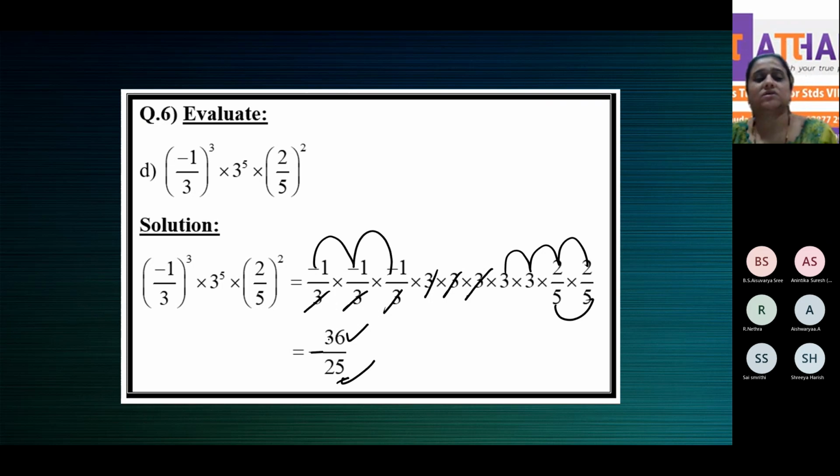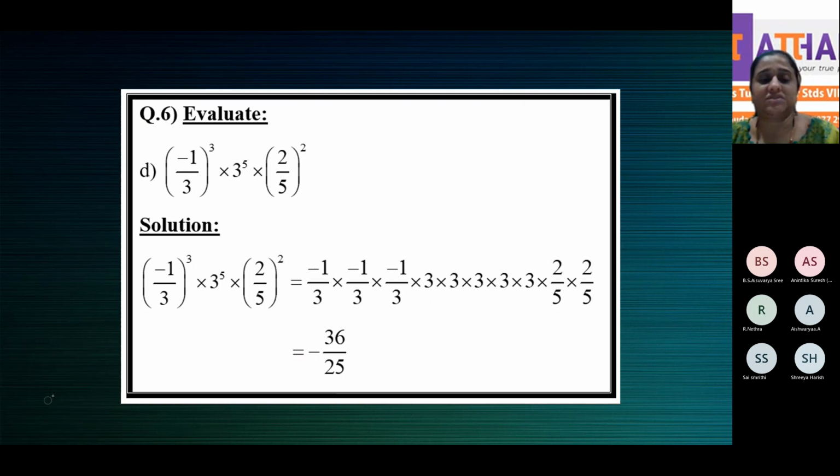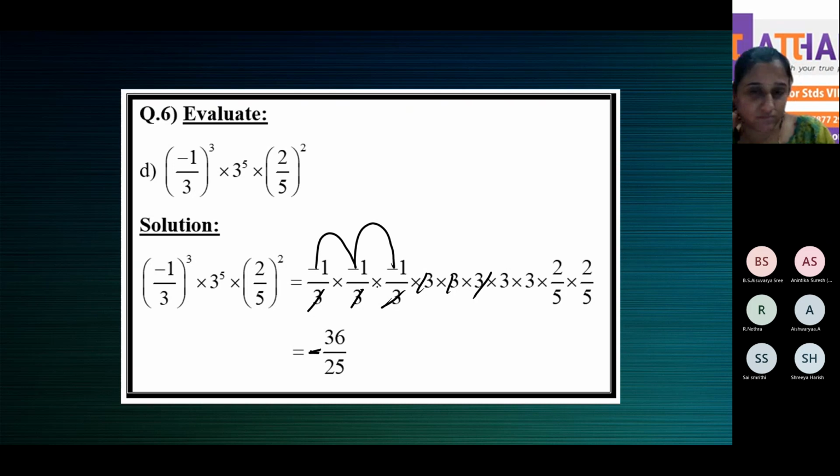So minus 36 by 25. First cancel the threes, then multiply the numerator and the denominator, 36 by 25, and then the minus sign. Minus into minus plus, plus into minus is minus.